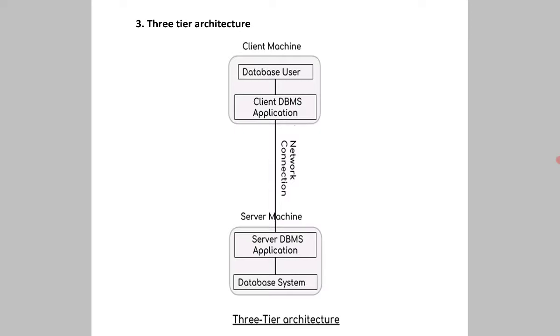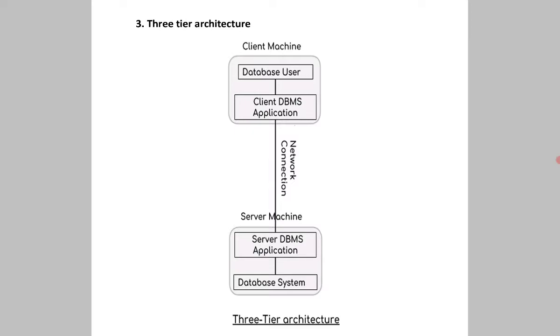One layer is at the client side or client machines, the second layer is for application programs or presentation systems, and the third layer is for database systems or DBMS server software.